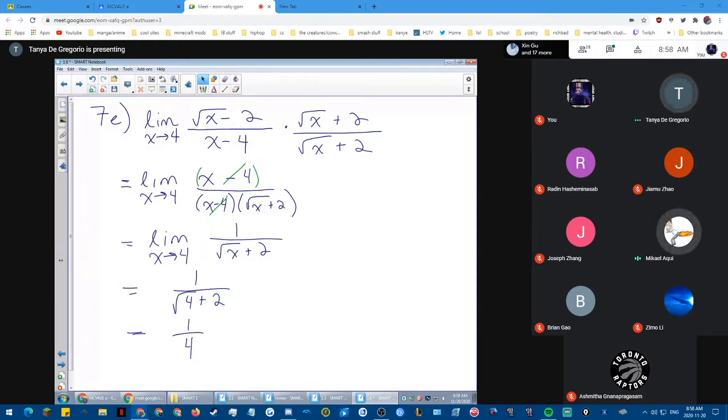Miss, for number 10 in 1.6, can you explain why we solve for the limit instead of subbing in 3 for x? Okay, let's see. Number 10 in 1.6.